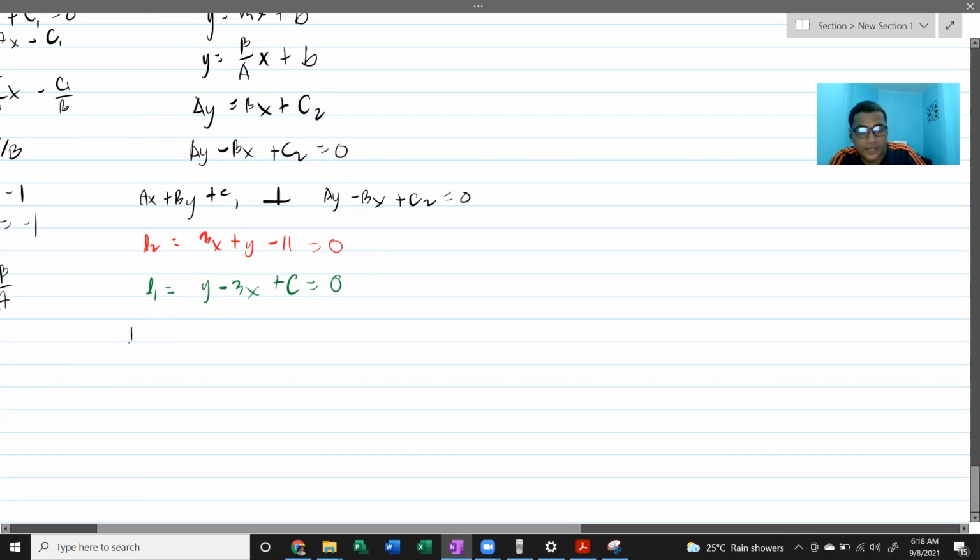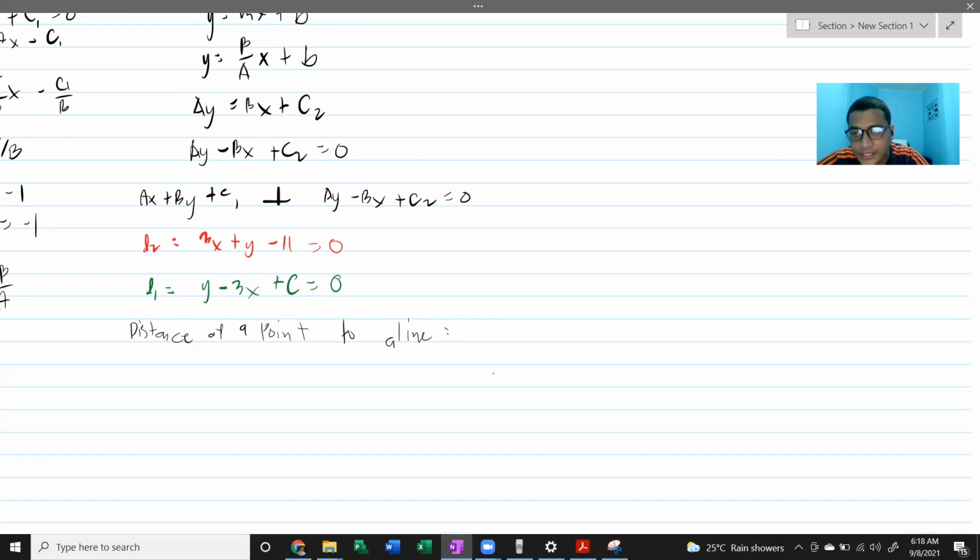Now, those classes I have included in your module 2, the distance of a point to a line. So just review it, class. The distance of a point to a line is the length of the line that is perpendicular to the given line and passes through the point.